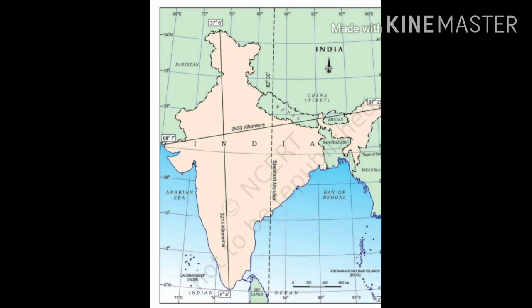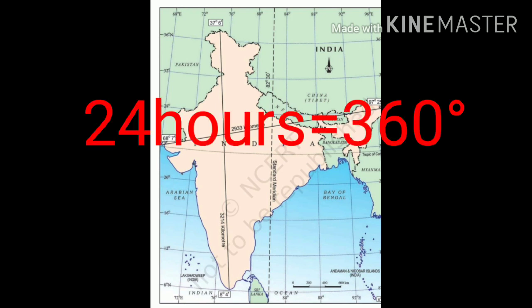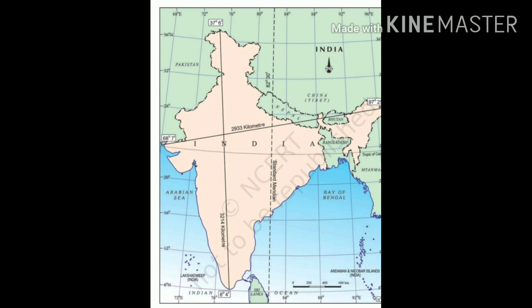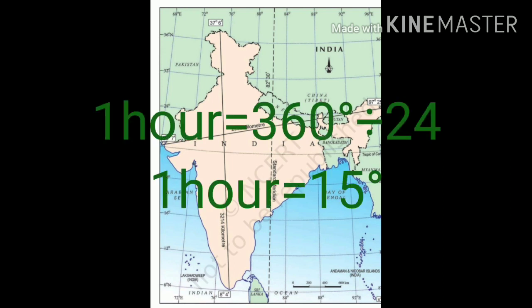Let's know. Our Earth takes 24 hours to complete 360 degree. Then in 1 hour, 360 degree divided by 24 is equal to 15 degree. So in 1 hour Earth will cover 15 degree.